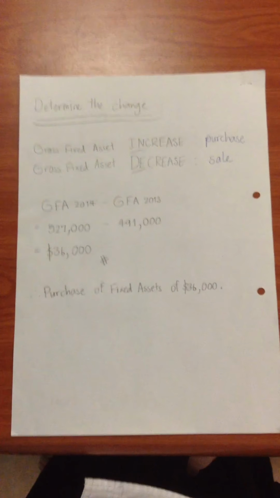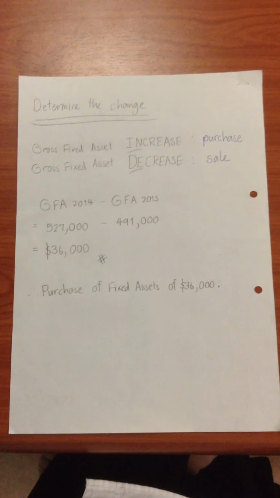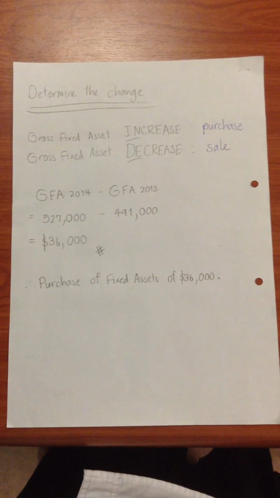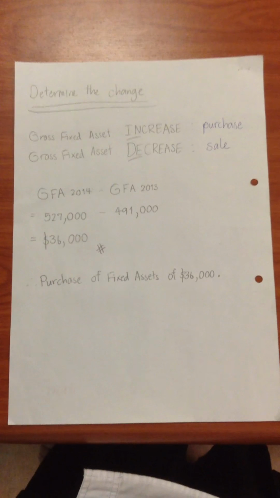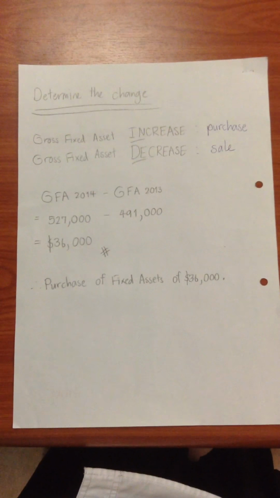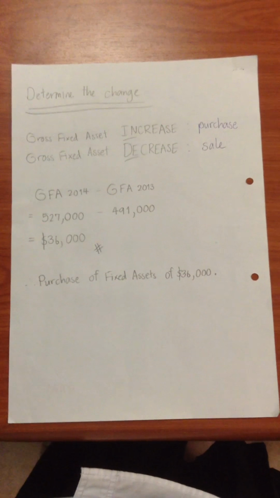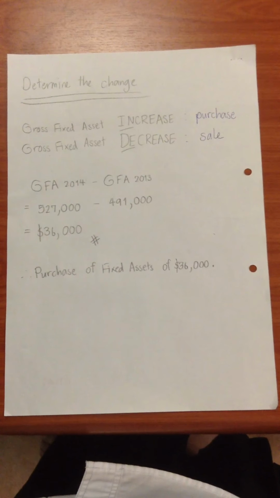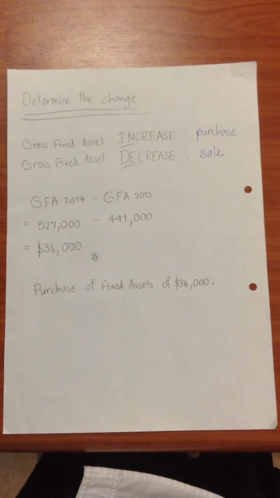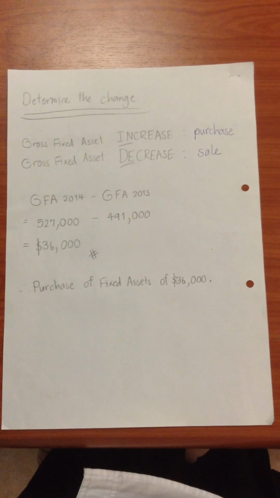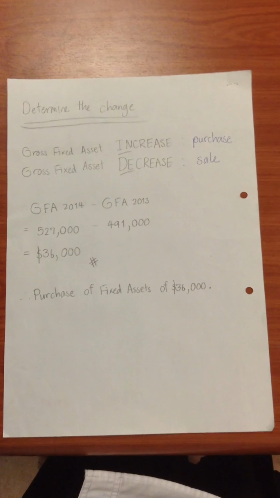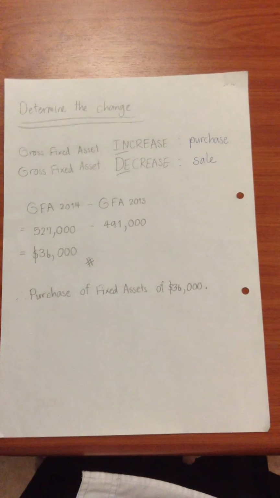So gross fixed asset 2014 minus gross fixed asset 2013 gives the increase, which is a positive number of 36,000. As it's increased by 36,000, it implies that during 2014 you have purchased fixed assets of 36,000.